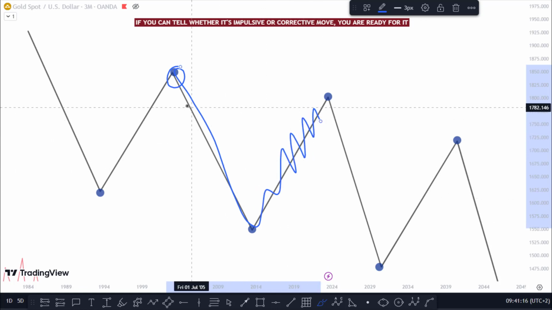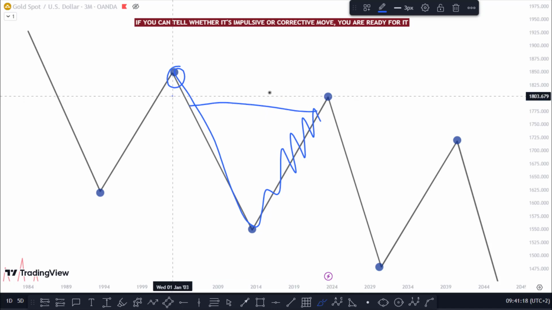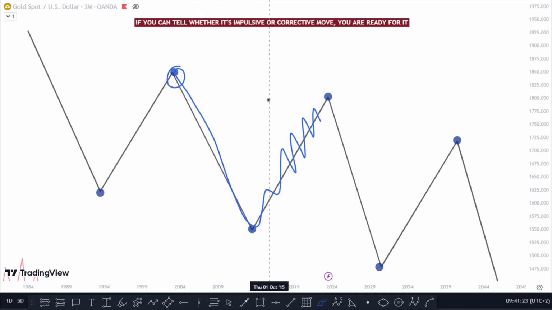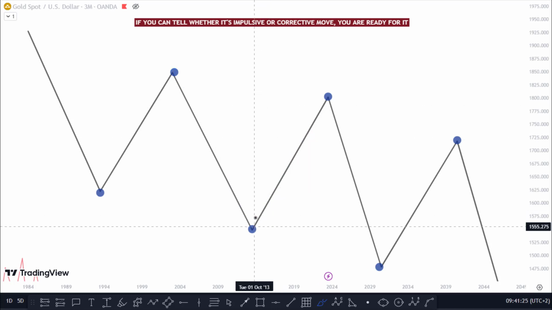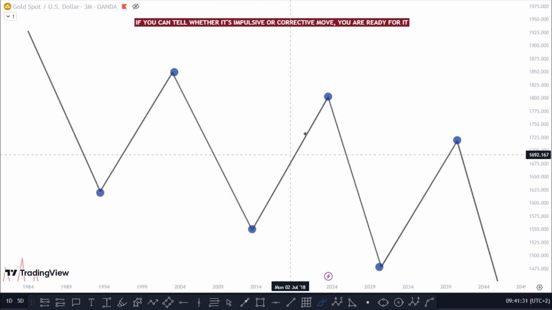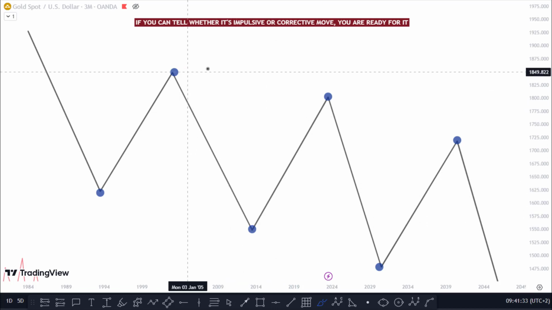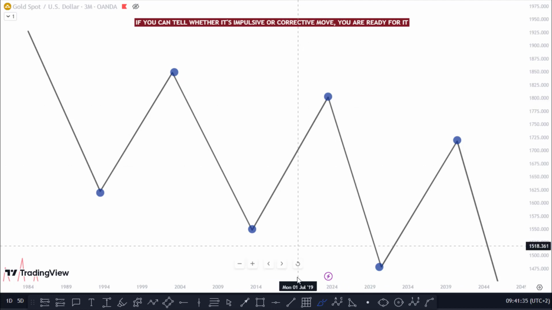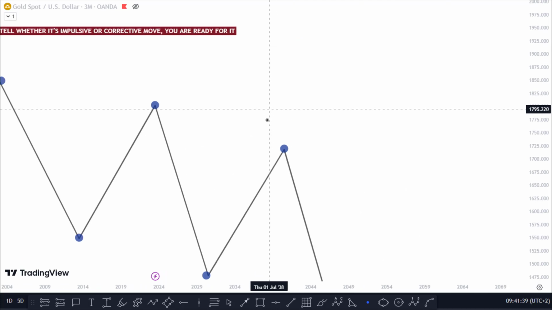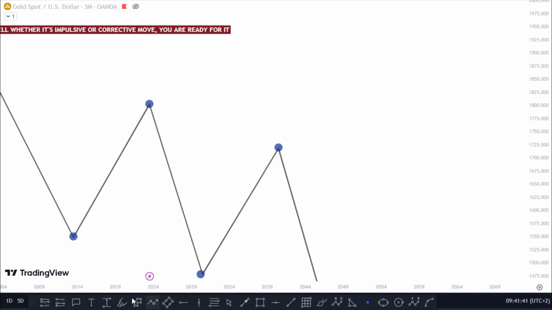That's something we'll discuss. But step number one, focus on understanding whether you are in a corrective move or impulsive move. If you are in a downtrend, you already understand that the corrective move will be pushing all the way to the upside. For example, this is an impulsive move.